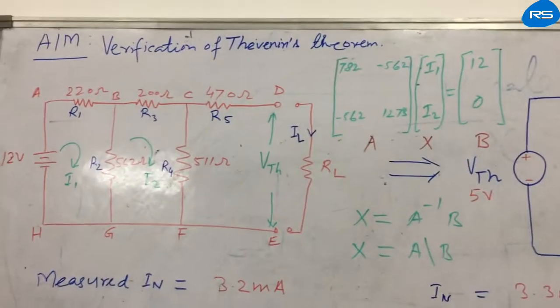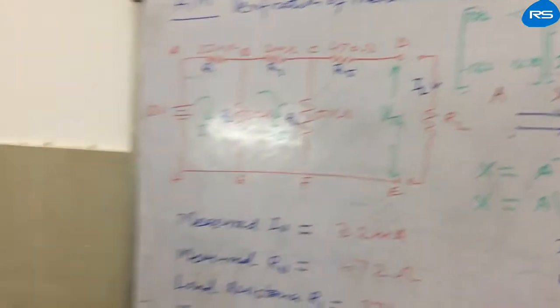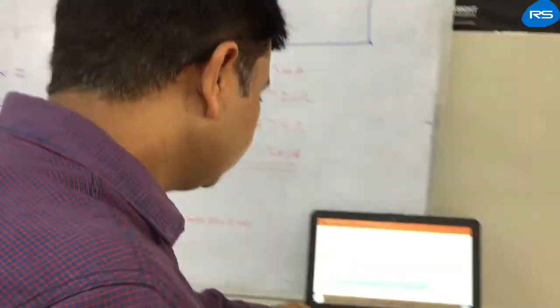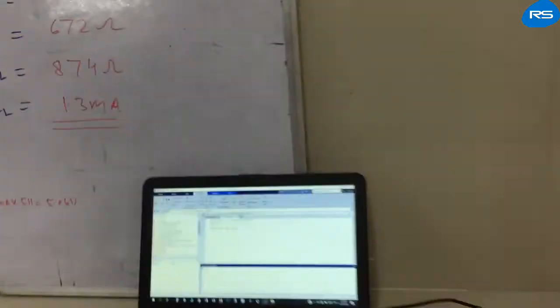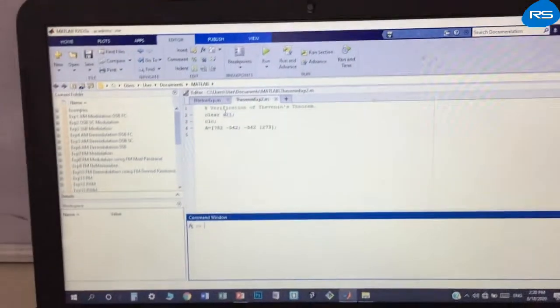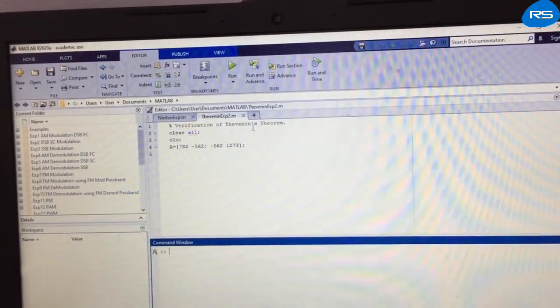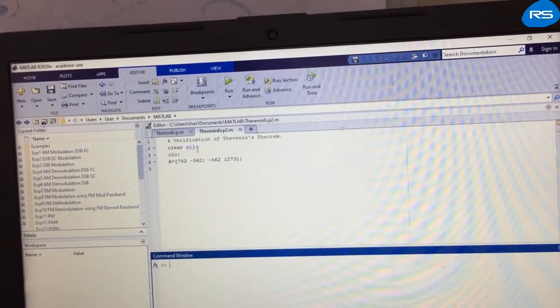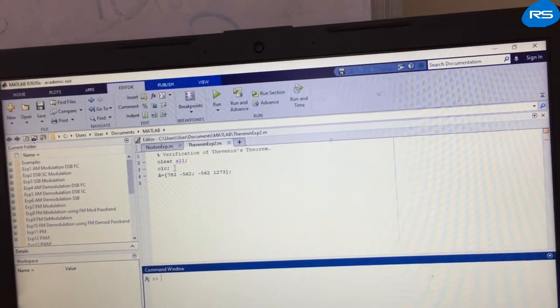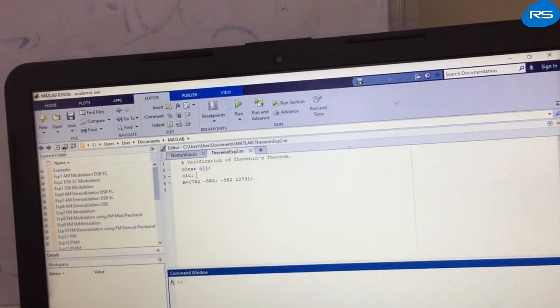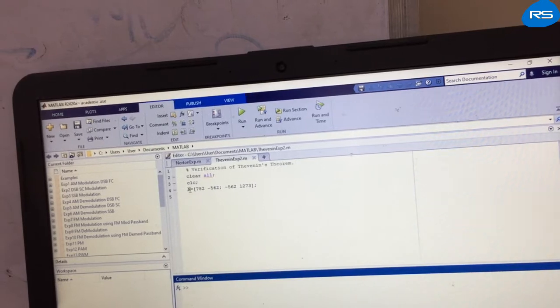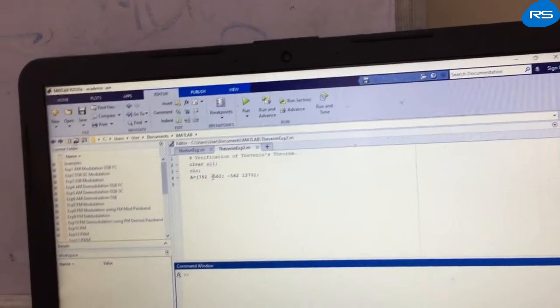In order to calculate this theoretically, we have done the simulation in MATLAB. So in MATLAB, first of all we'll write the comment, that is verification of Thevenin's theorem, then we'll clear the workspace, then CLC to clear the screen, and then we'll write matrix A like this.